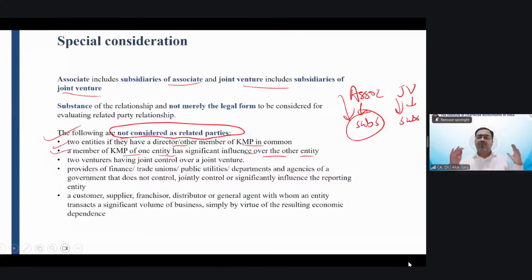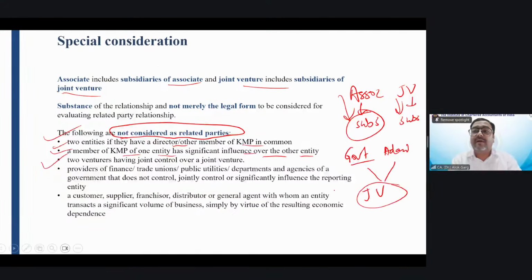So simple, two KMPs are common. So a KMP is common in two entities. These two entities will not be related parties. A director common in two entities will not make them related parties. Two venturers having joint control over a joint venture. For example, government and Adani created a JV entity and they are developing an airport.